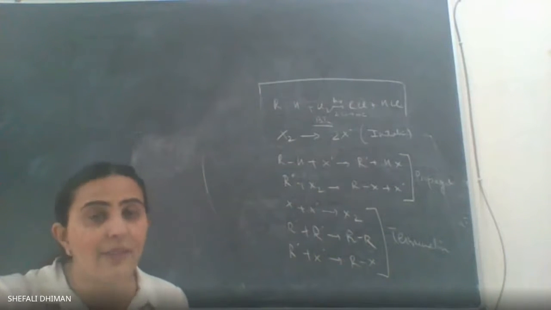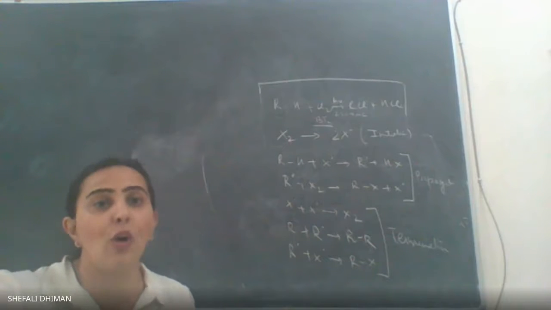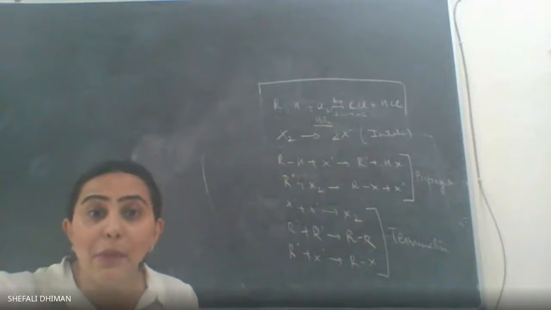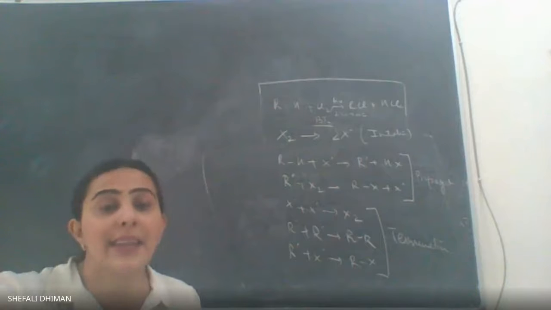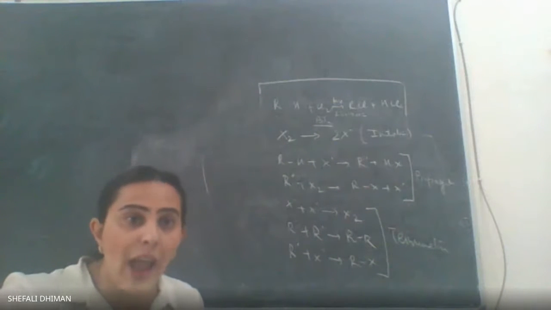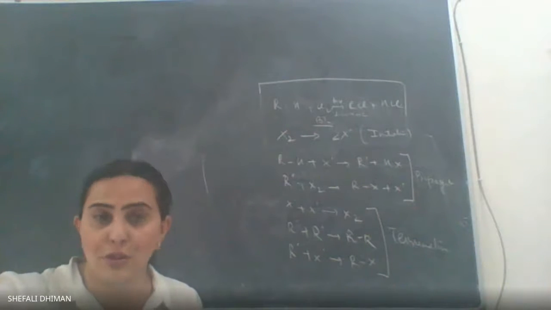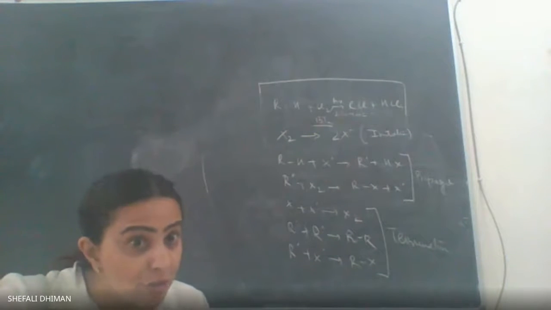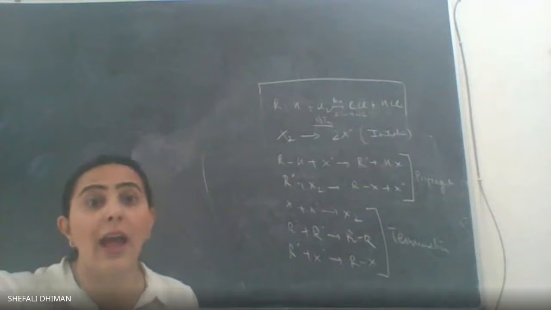But this is a very unusual kind of halogenation where the double bond remains intact and the halogen gets attached at the allylic position. So it is actually a substitution reaction. It is not an addition.